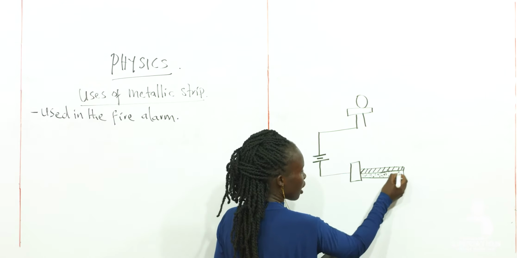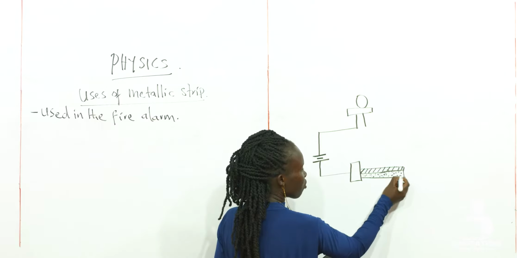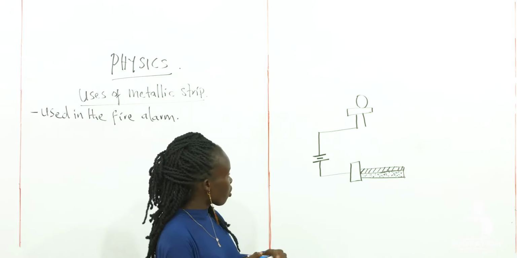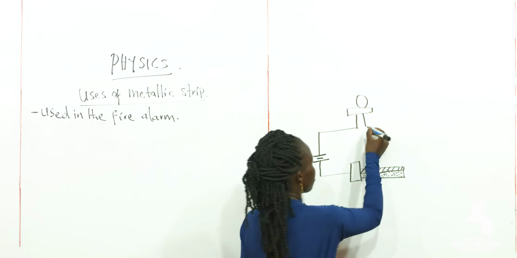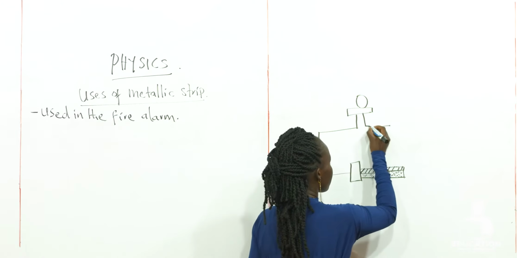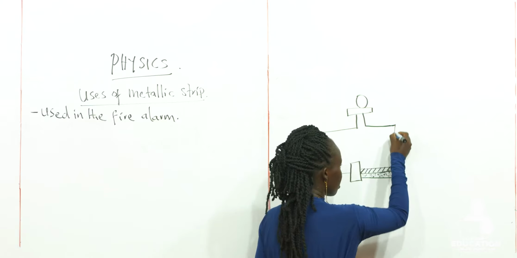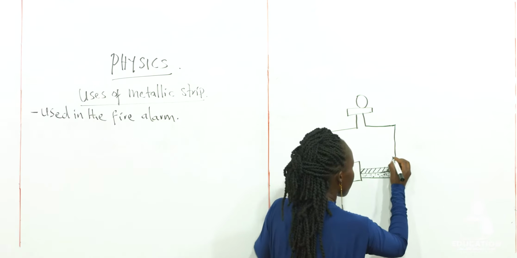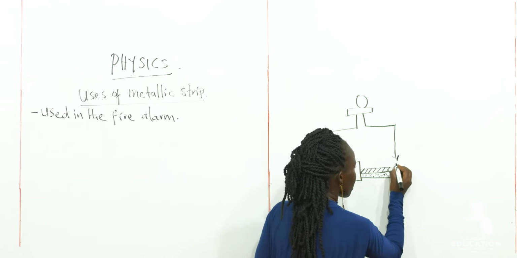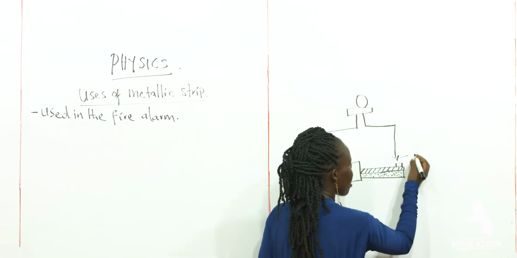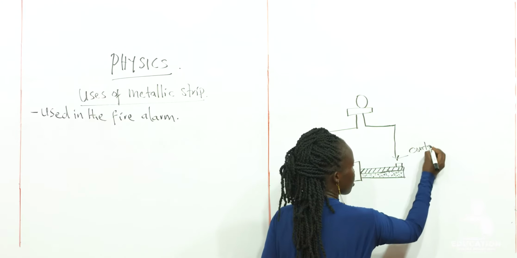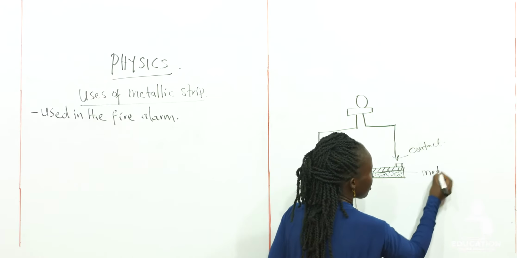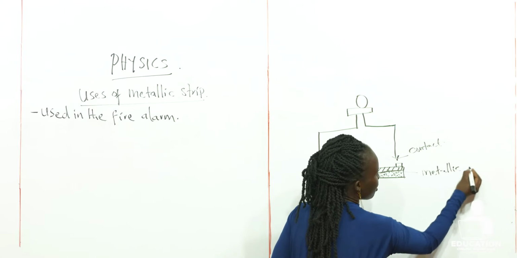You see that they are of the same length. So we are going to have a contact. We need a contact here to come from the alarm. So we shall have this as the contact. So this is our metallic strip.